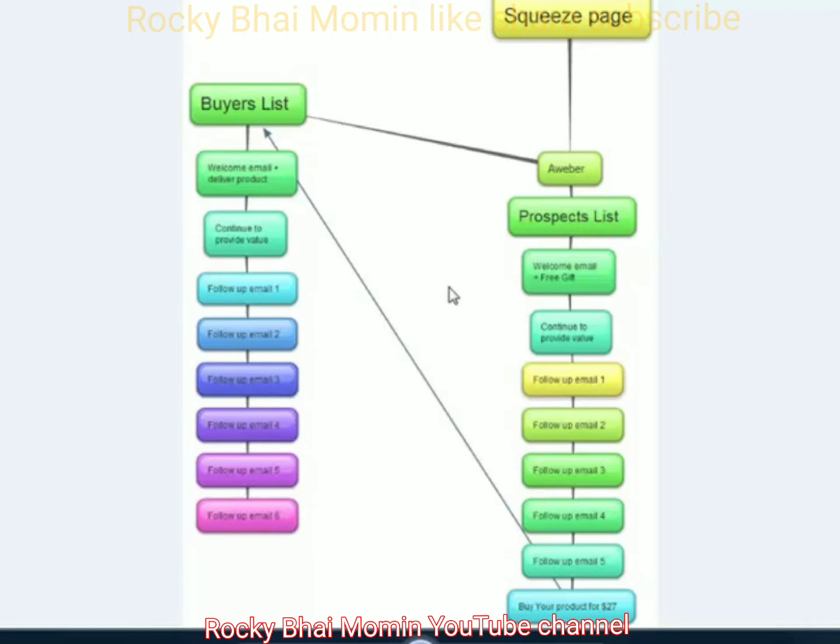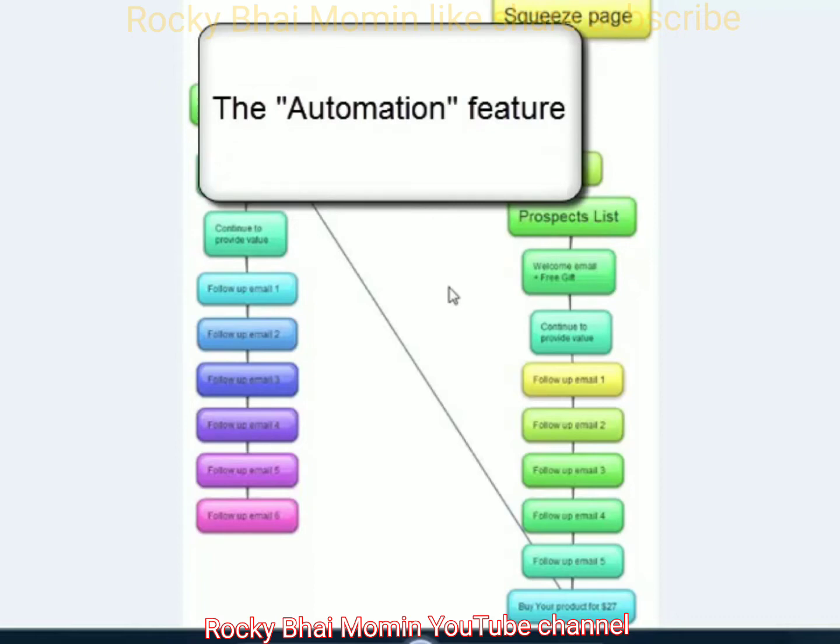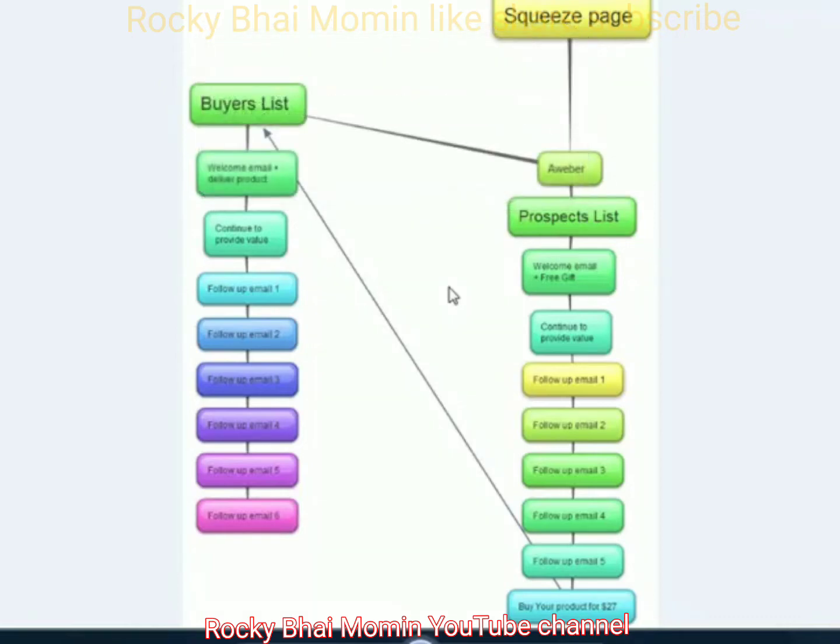Now the way this is going to work on complete autopilot is by using a feature called automation. This automation feature, or at least this is what it's called in Aweber, it's called automation, and you can set it up so that as soon as somebody subscribes to one list, they will automatically be unsubscribed from a different list.